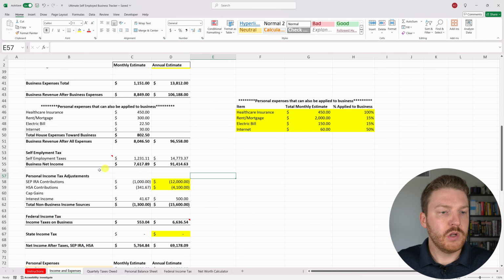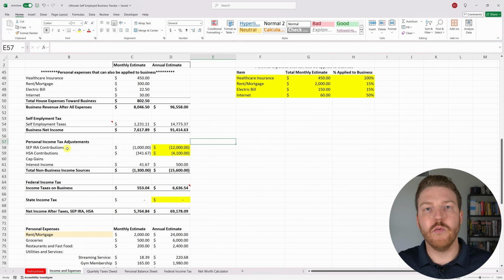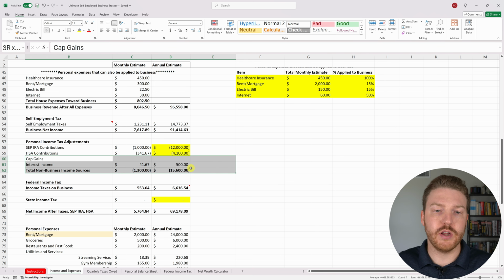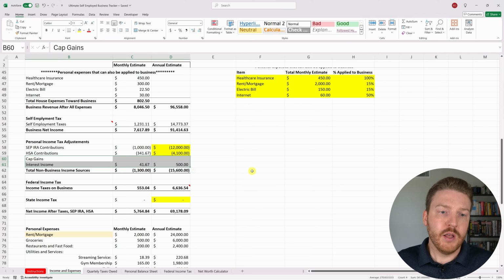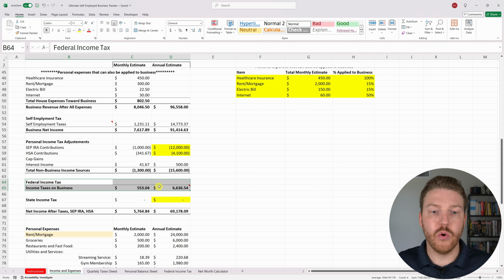And then we'll account for things that reduce your taxable income on a federal basis, right? Like if you contribute to a self-employed IRA, HSA, stuff like this, or other things that might increase your income that are not specific business sources of income, to basically adjust what we already have to figure out, hey, what are your federal income taxes based on your actual total income.